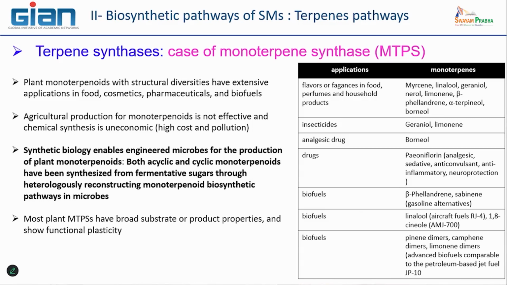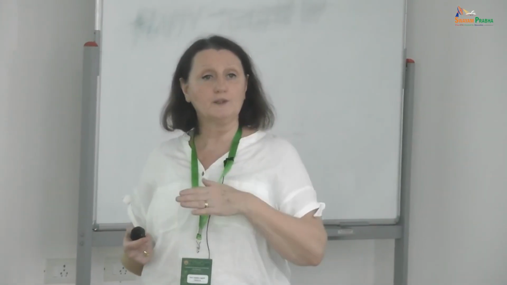What is interesting is that we can now see what are called cell factories, which are able to produce cyclic or acyclic monoterpenoids. I refer you to my last talk. They need only sugar to initiate the fermentative process in order to produce this, because they have been engineered by including the gene encoding the monoterpene synthase.